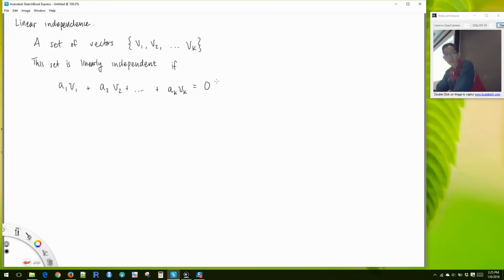So if these add up to the zero vector, the only way this can happen if they're linearly independent is when all of the elements A1 through Ak are zero.